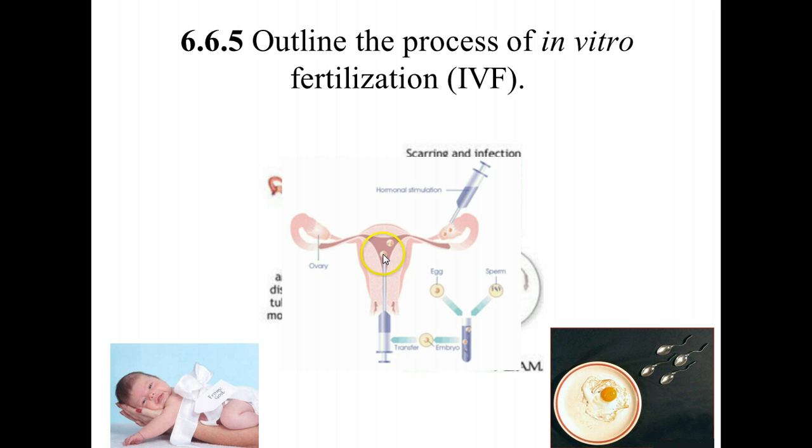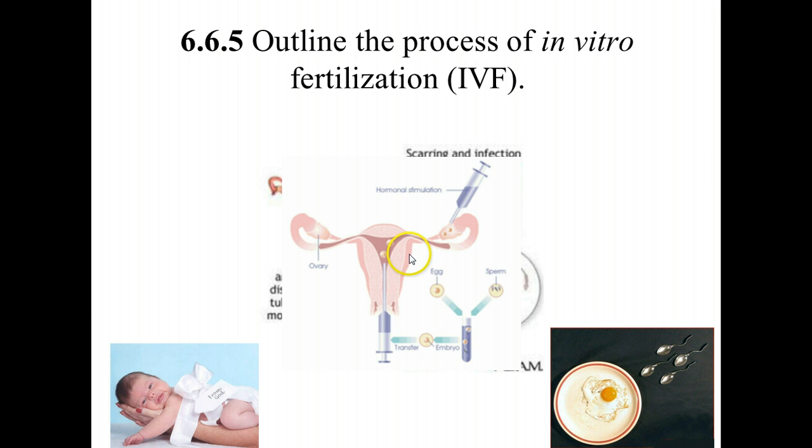And oftentimes they put in more than one because there's likely something about this environment that is preventing pregnancy. So there may not be as high of a chance that they're embedding into the uterine wall.